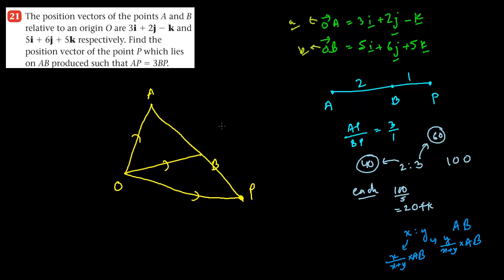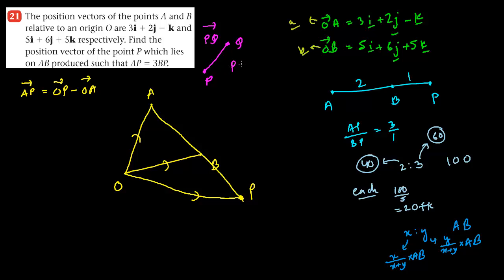So let's start. So finding OP, we can use the position vector rule, which is AP equals OP minus OA. The position vector rule states that if you want to find a vector, for example, PQ, it means the vector has a beginning, which is known as the initial point, and an end, known as the terminal point.